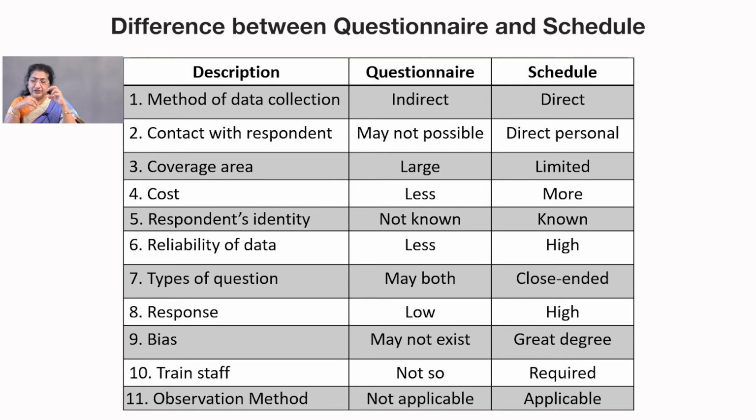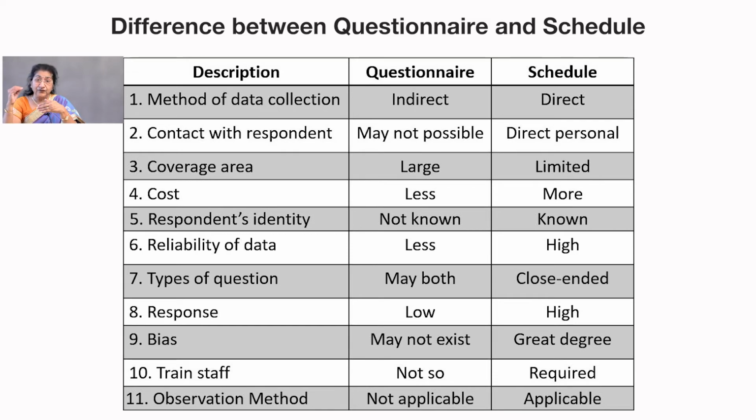So far as a questionnaire is concerned, you can cover a large area, and in a schedule it is a little bit limited. Then respondent identity: in a questionnaire, it is not known, because many times they are not ready to give their address and name also, while in the schedule method it is known.